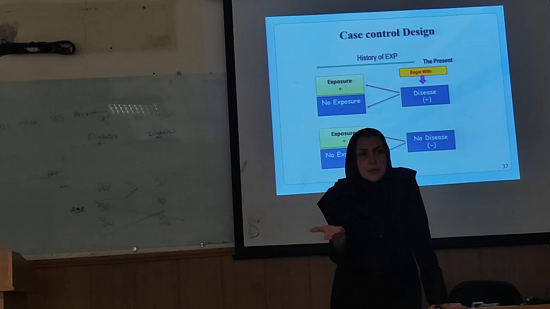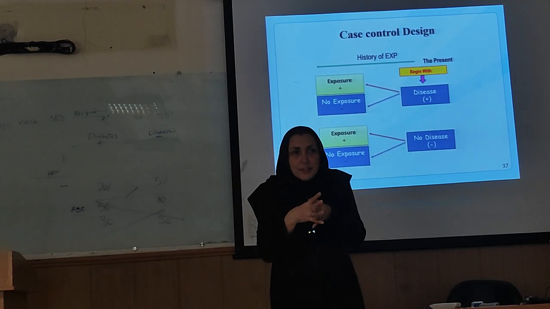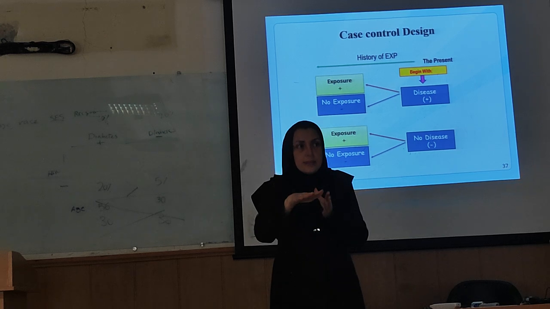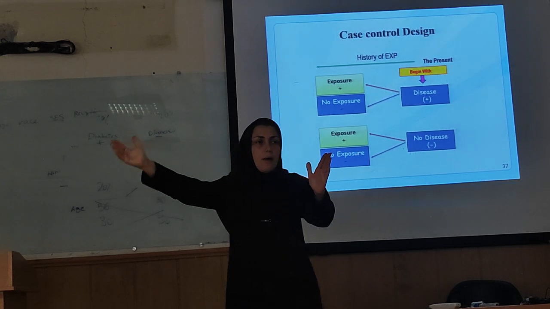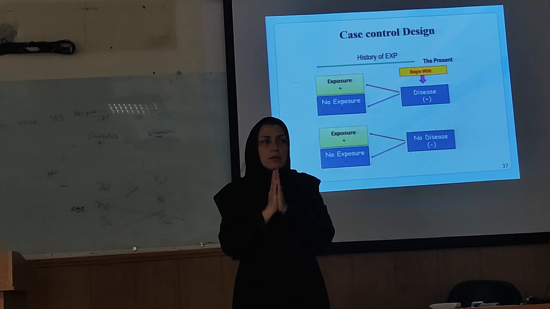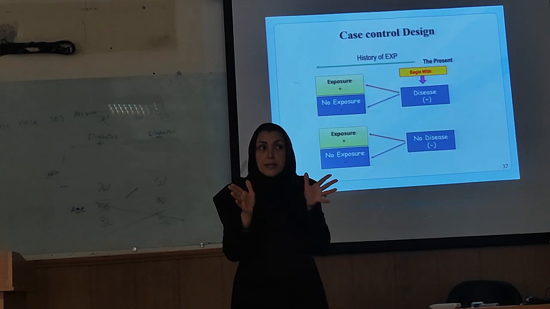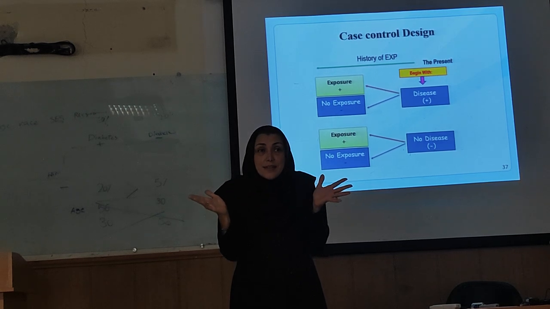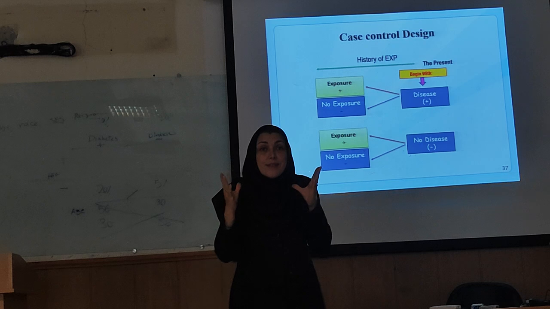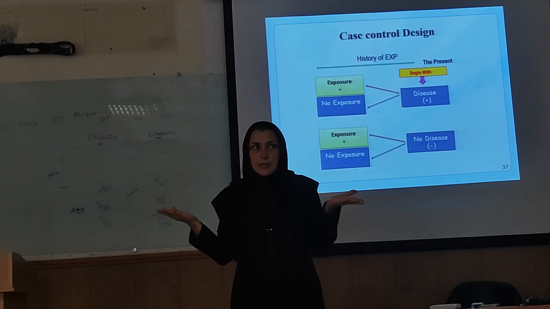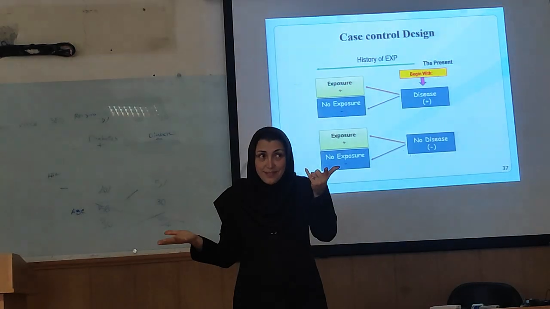But sometimes you may find significantly less proportion of exposure in cases compared to controls. Then it is unrelated? Unrelated, but it is significantly correlated. But the direction is inverse. What does it mean? The more exposure, the less disease.